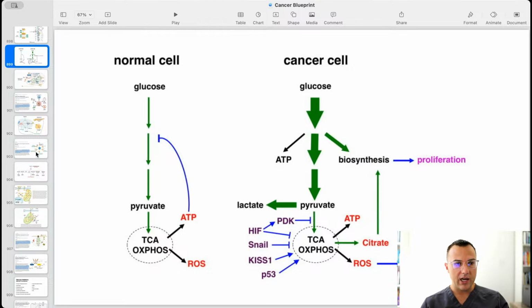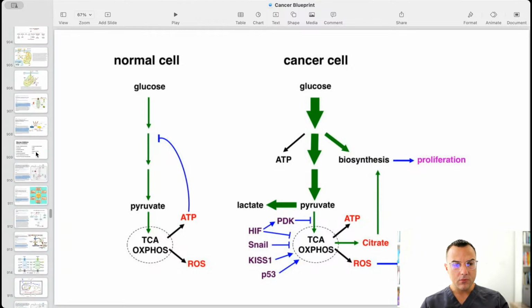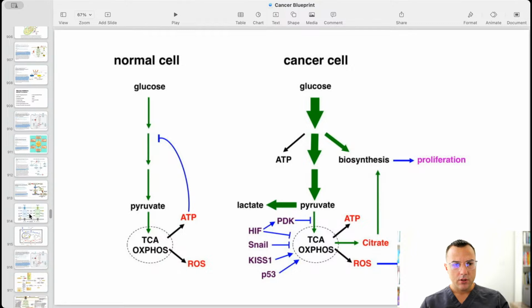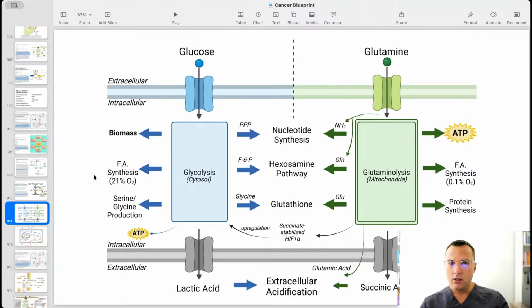And we have talked also at length about how these two molecules are of particular importance. This is a Seyfried graphic that I stole from one of his most recent papers.